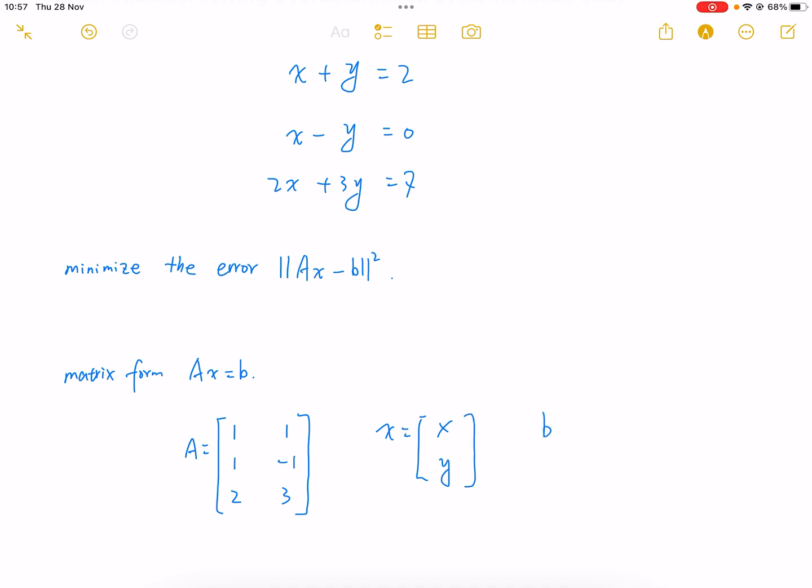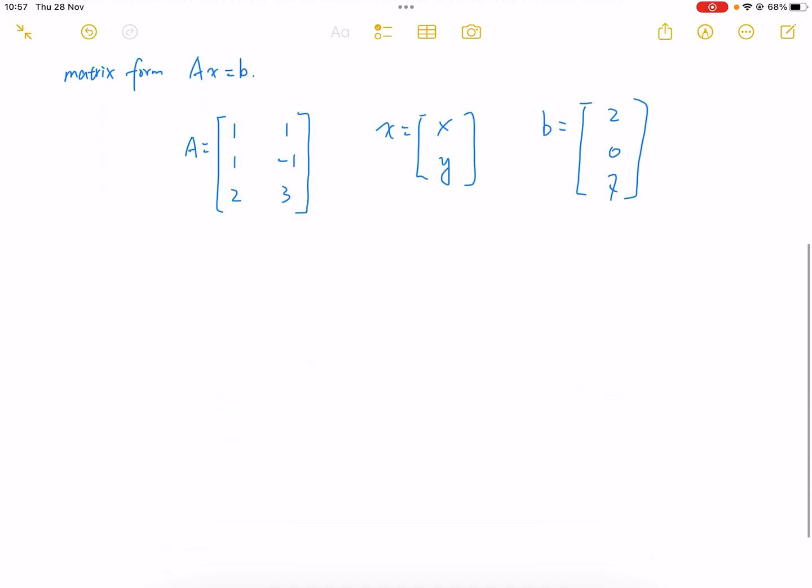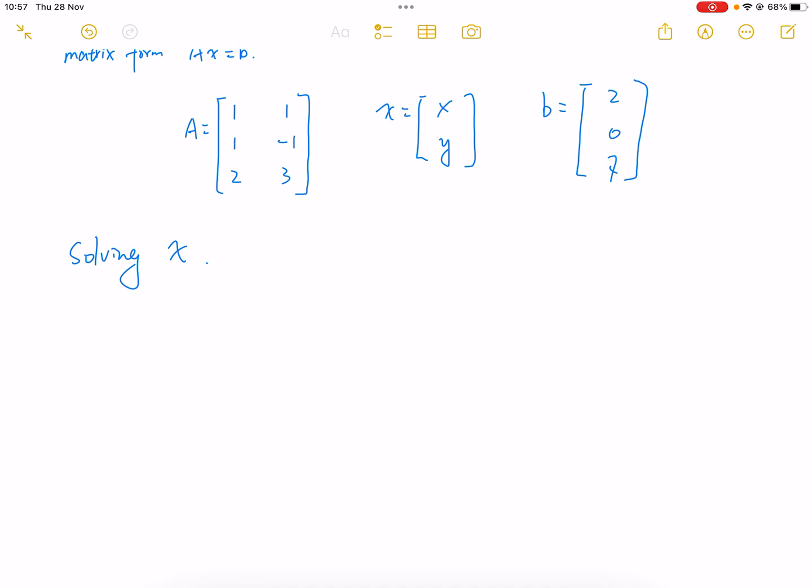Our b equals 2, 0, and 7. So our goal is to solve for x to find the least squares solution.